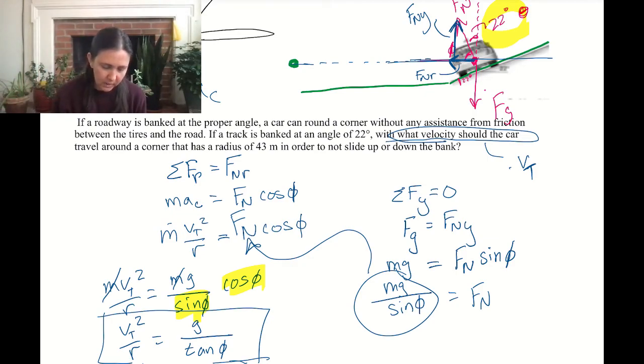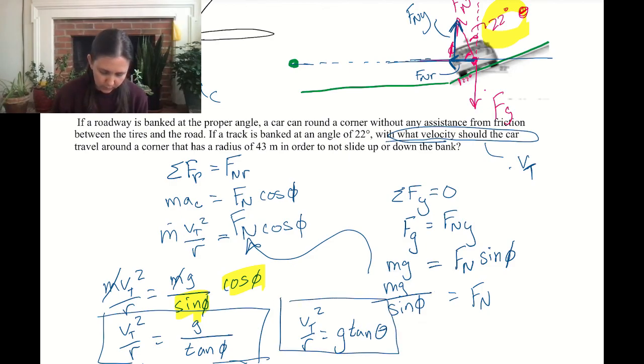So this is the same thing as saying the tangential velocity squared over the radius is g tan theta. All right, so either one of these will be correct, where theta is this 22 degrees, the angle of the ramp, and phi is 90 minus theta.